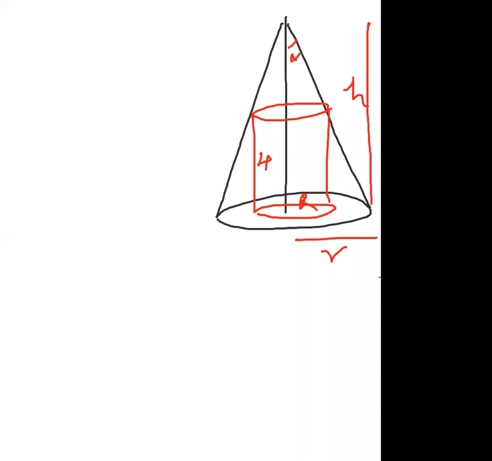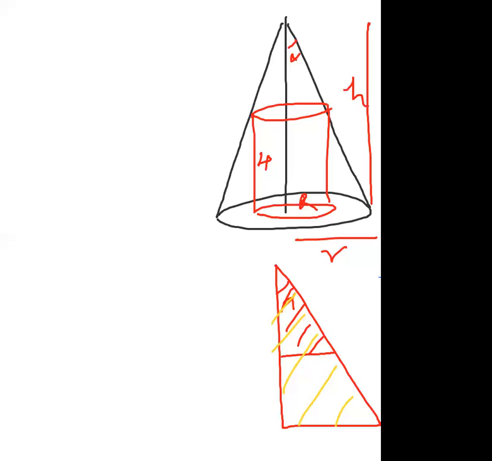We will be able to see a small thing: it forms two similar triangles. This angle is alpha. The top triangle and the full triangle are similar to each other.